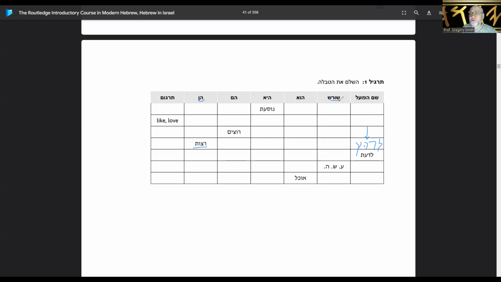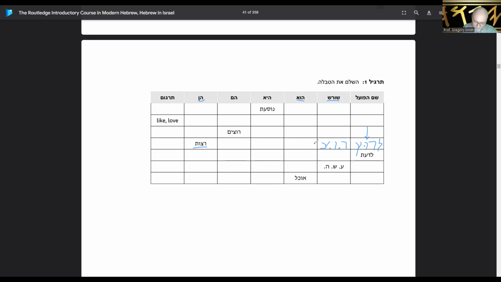Okay, so what about the shoresh? Will all of those letters be represented? And yes, they will in the shoresh. We have resh. Notice that in the shoresh, it's all consonantal. So vav, and we have the zadi represented. Okay, so what if we were to say he is running?